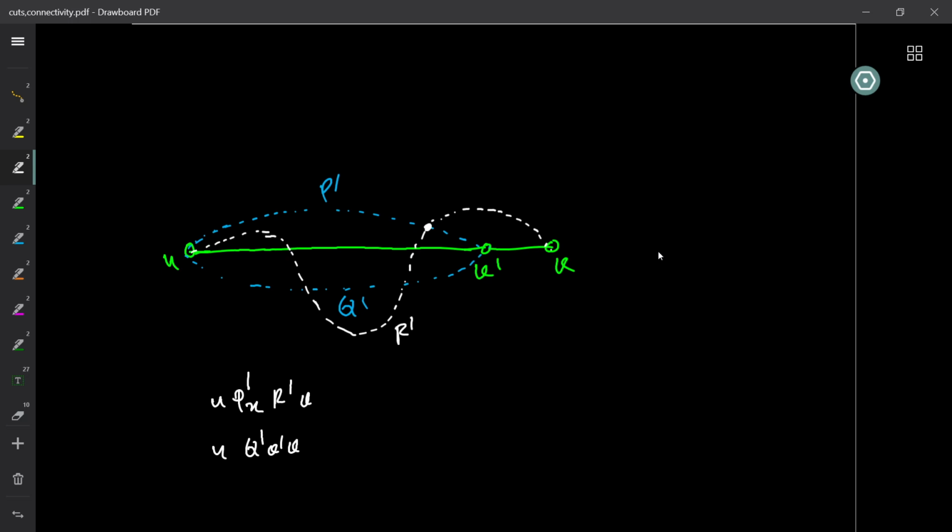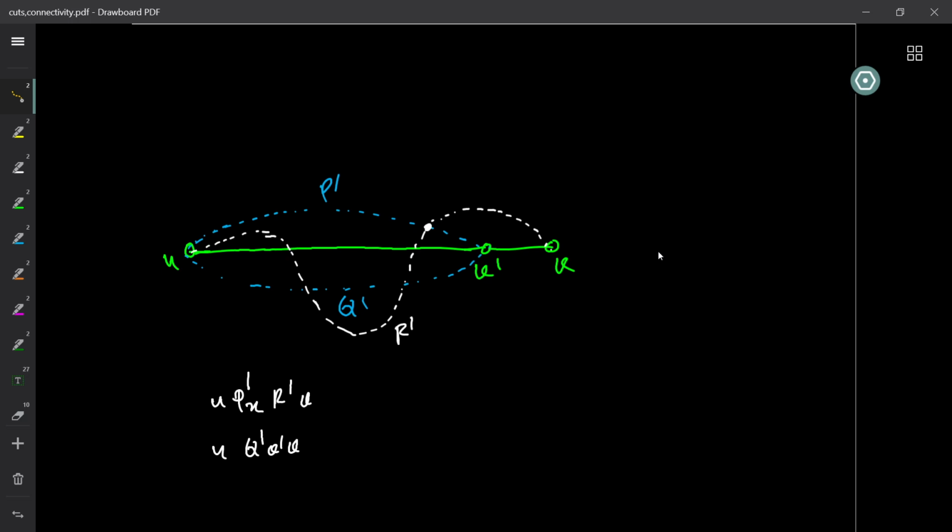Now this picture will really help you understand this, I hope. You have a UV path of shortest length. You pick this yellow path, the UV path of shortest length, and we assume that the length of this path is k. For anything less than k, we know that we have our result. If the distance is less than k between U and V, then there are two internally disjoint UV paths.